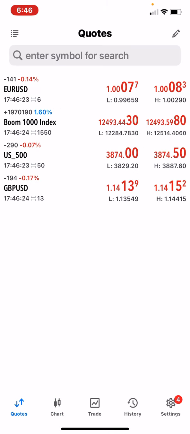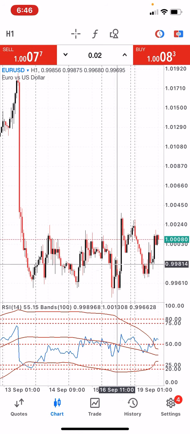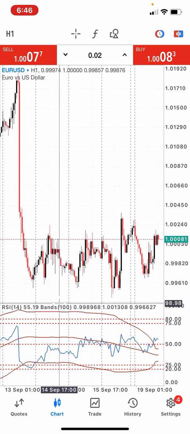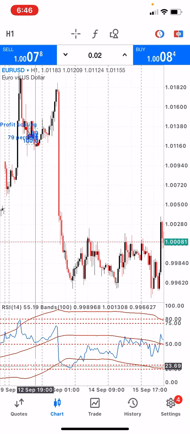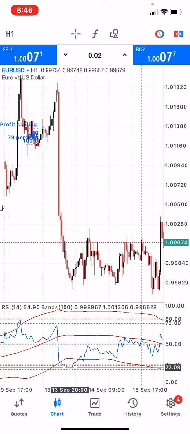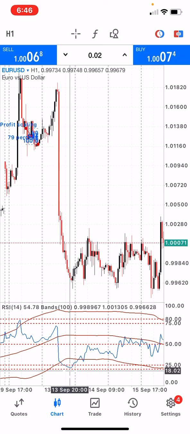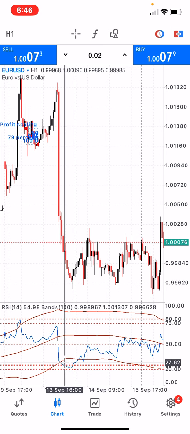Let's check Euro USD. As some people that know me, you know I just trade the Euro USD and GBP USD. Here is an example on Euro USD. This works on all forex pairs and synthetic indices. As you can see, it crossed the Bollinger Band down, and it's at the oversold region.